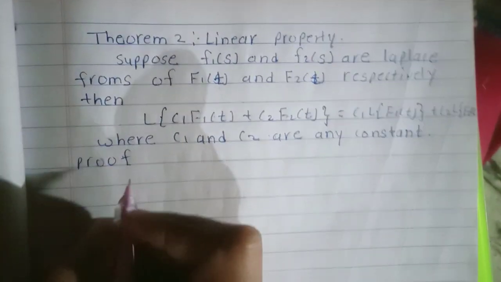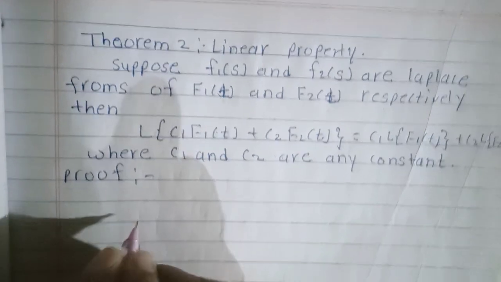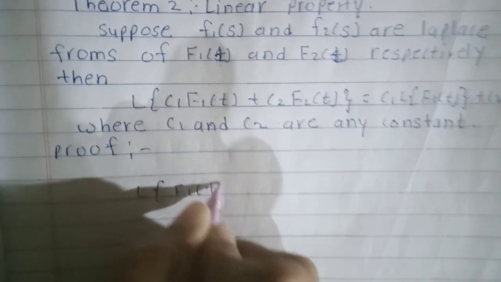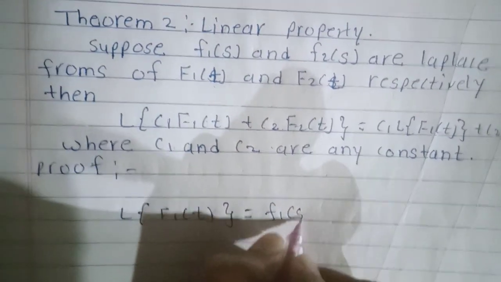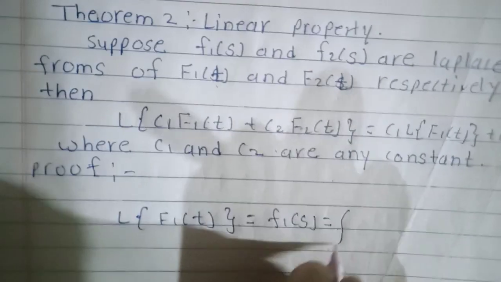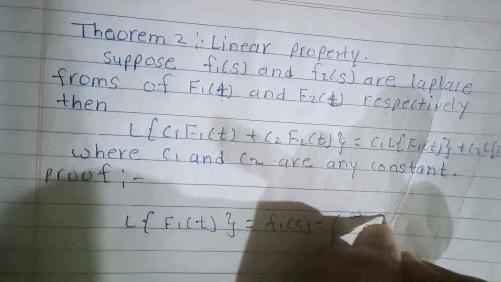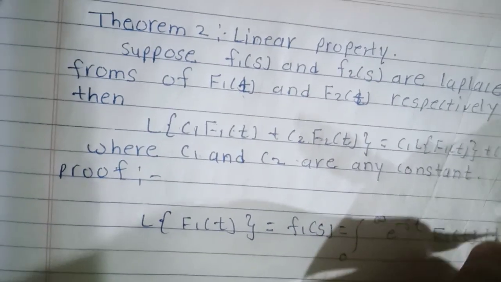We know the Laplace transform equation. Laplace transform of f1 of t is equal to F1 of s, that is equal to integration 0 to infinity e raised to minus st f1 of t dt.